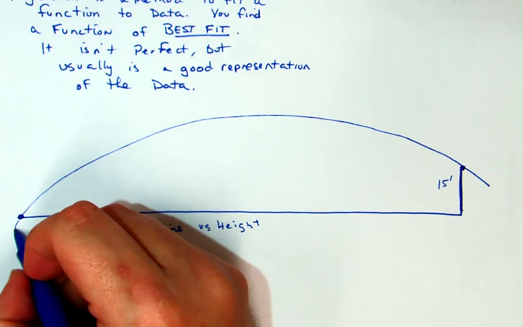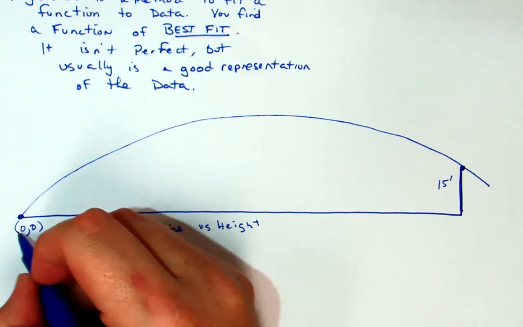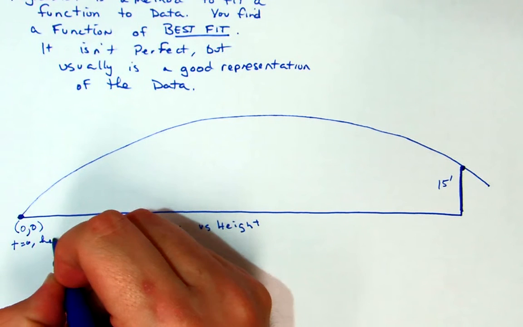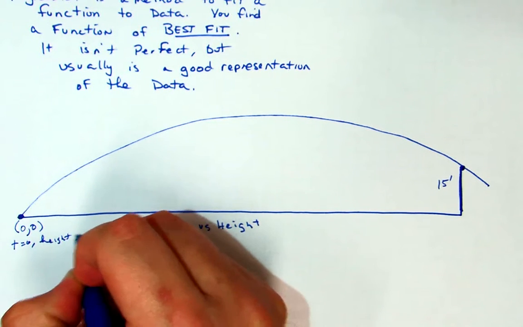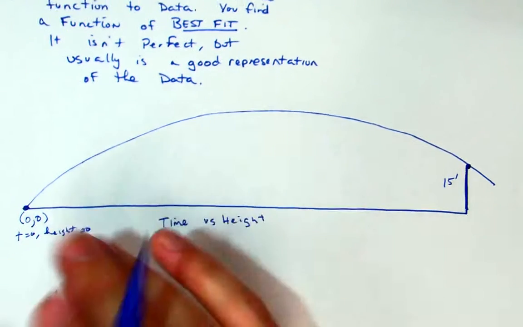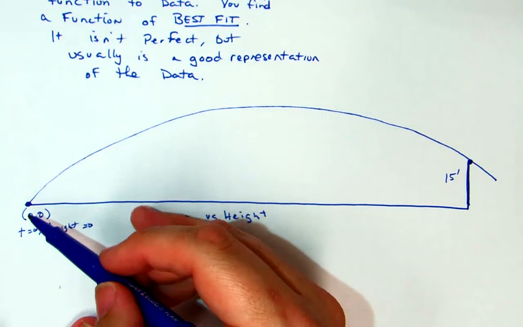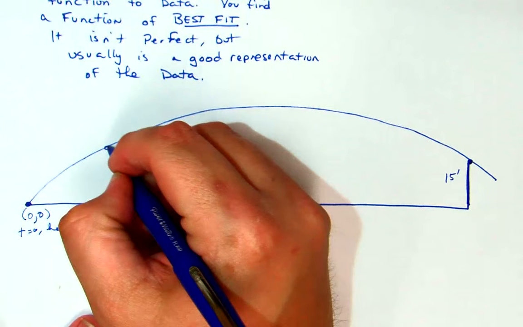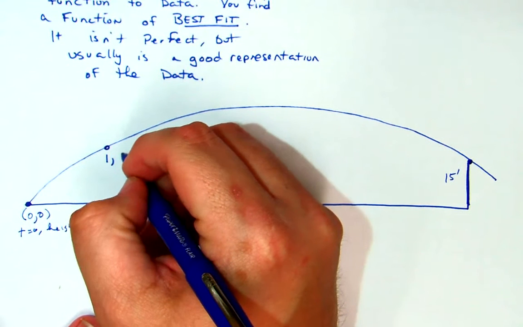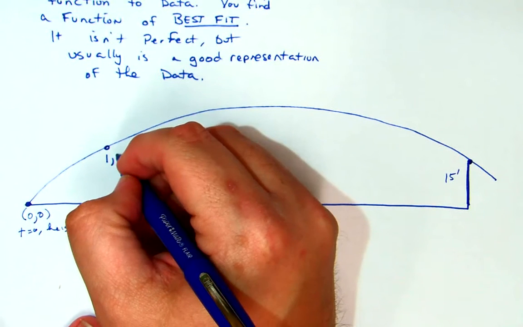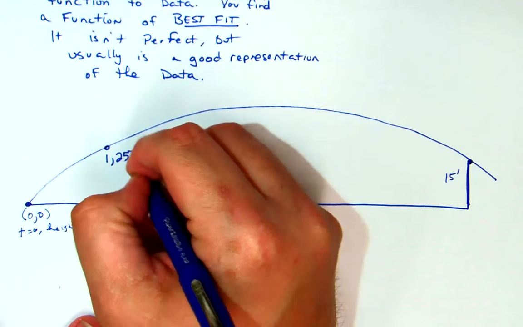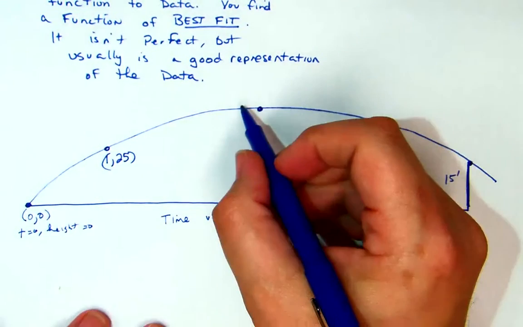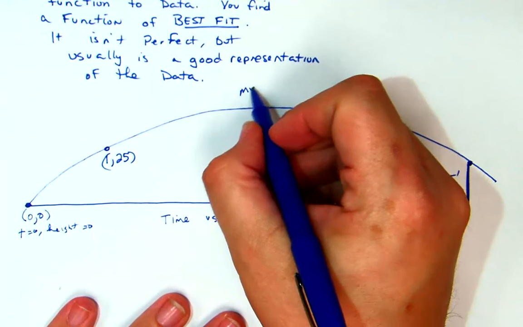and we say, alright, well at time 0, t equals 0, the height was 0. So we've got the point (0, 0). We're not going to take into account the fact that the batter might be 6 feet tall. Let's say after 1 second, the ball was 25 feet in the air. Let's say we had a maximum value up here.